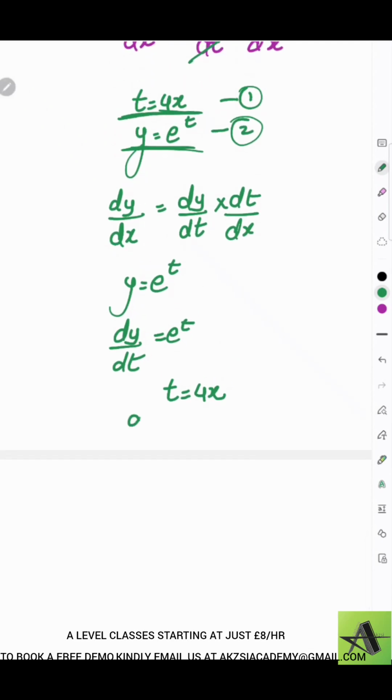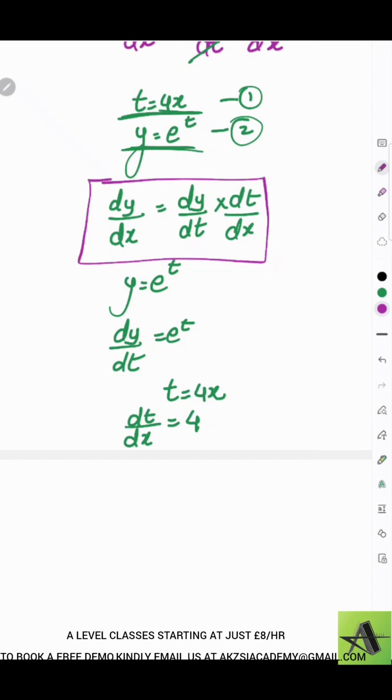So dt over dx will be, that means differentiation of 4x is just 4. And now substitute this in our formula. So this is our formula: dy over dx is dy over dt times dt over dx. So dy over dt is what? e to the power of t, we have just calculated. And dt over dx we have calculated as 4. So that's dy over dx.